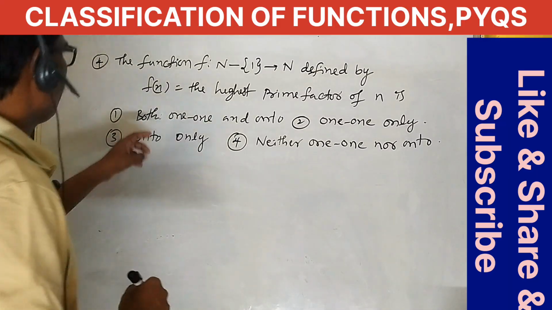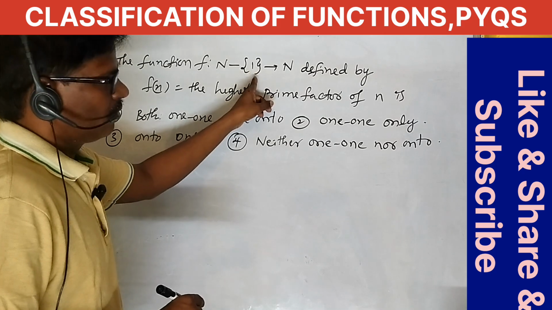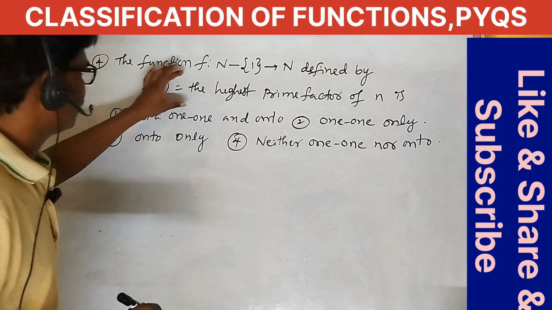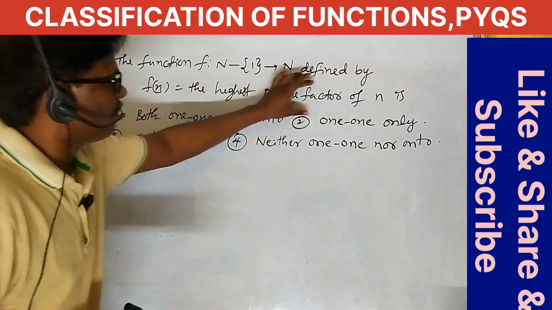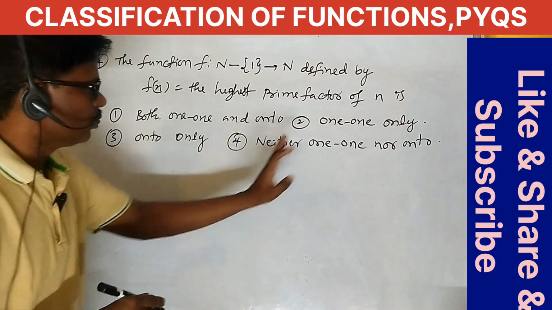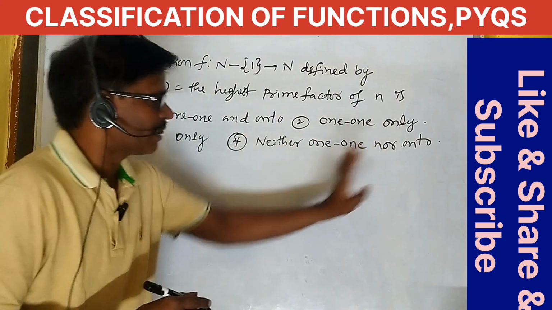This is question number 4. The function f maps N to N minus the set of 1, defined by f of n equal to the highest prime factor of n. The options are: both one-one and onto, one-one only, onto only, and neither one-one nor onto.